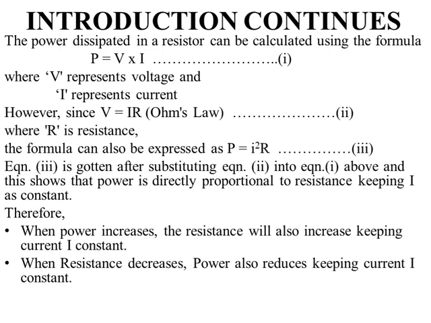So equation 3 is gotten after substituting equation 2 into equation 1 above, and this shows that power is directly proportional to resistance, keeping I constant. Therefore, note that when power increases, the resistance will also increase. That is from equation 3.